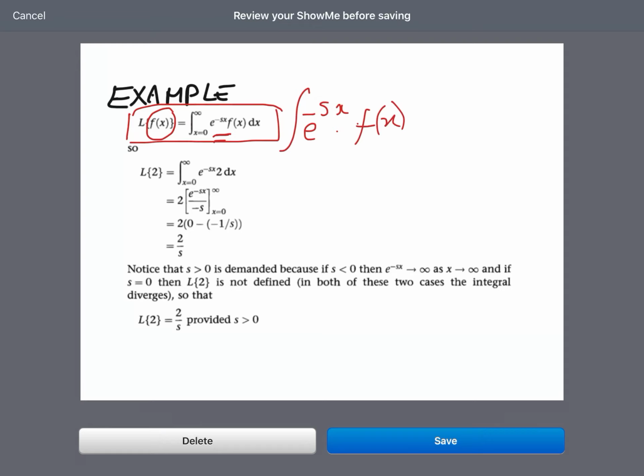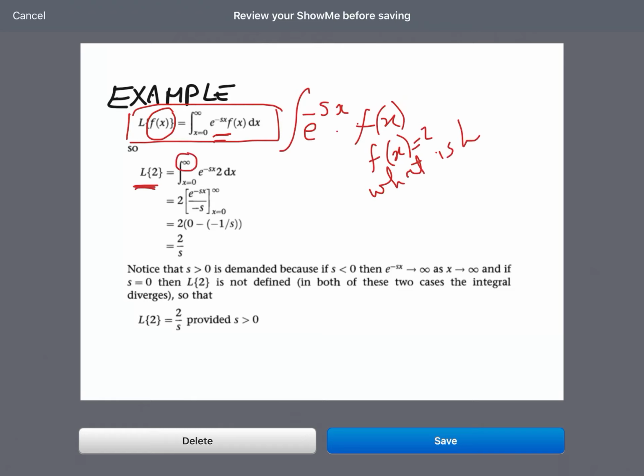In this case we have a function of x equal to 2. What is the Laplace transform? The way to do it is, that is the Laplace transform of 2, and that's going to be equal to this integral going from x equal to 0 to infinity.